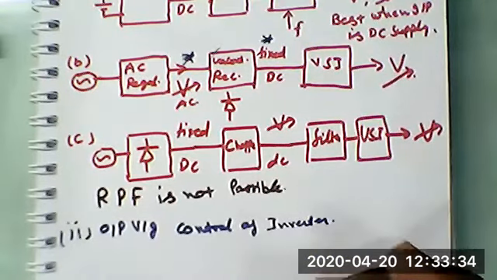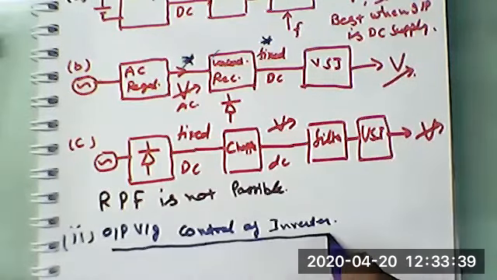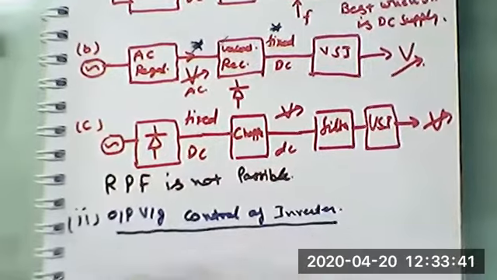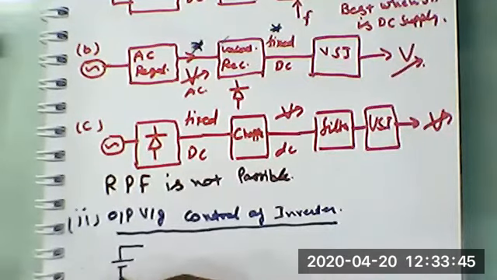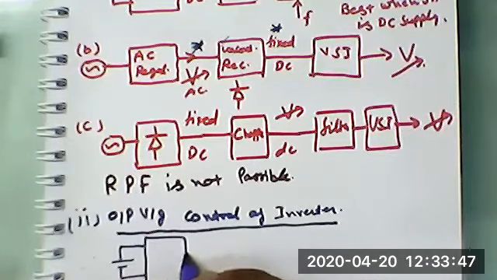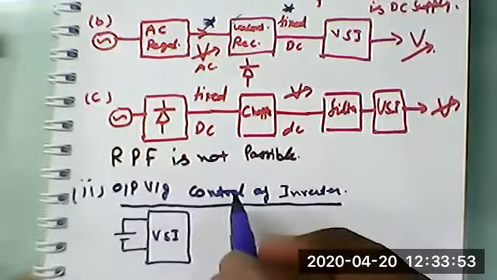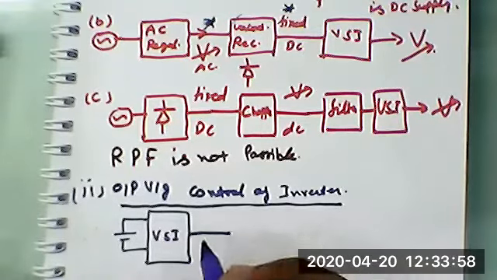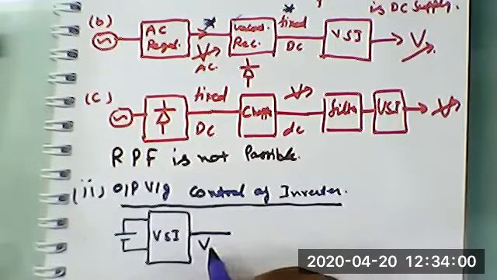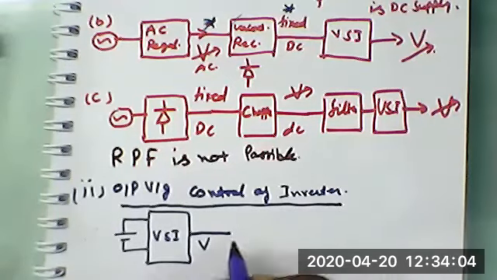How can we control the output voltage? It's very simple. Let us say we have fixed DC and we give it to a VSI. So the output is V. V is fixed because this DC supply is fixed.